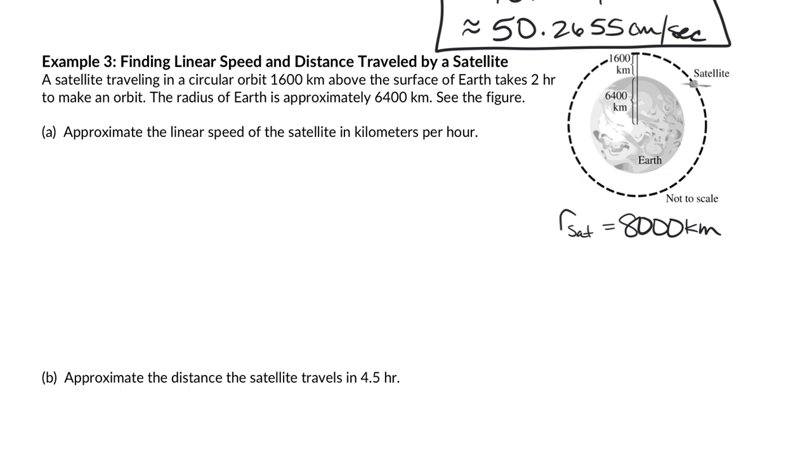To approximate the linear speed, the formula we're going to use here, I'm giving you a hint, is going to be r times omega. Were we given the radius of the satellite? Yes. Were we given the angular speed in radians per unit of time? Correct answer would be no. Question for you, what information were we given about any sort of speed here at all?